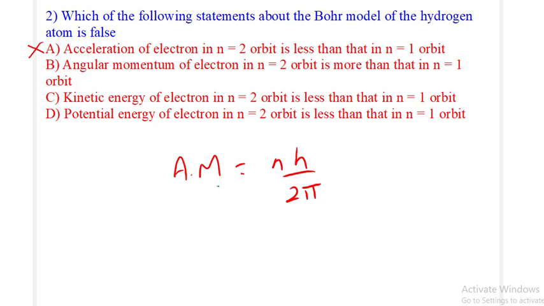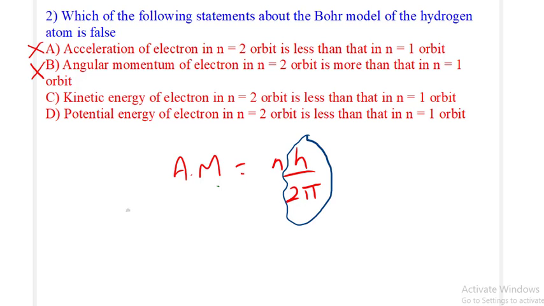Now see, h is Planck's constant and 2 pi is of course a constant number. So as n increases, angular momentum increases. So for n equal to 2, the angular momentum is larger than for n equal to 1. So this statement is also correct, so this statement is gone.